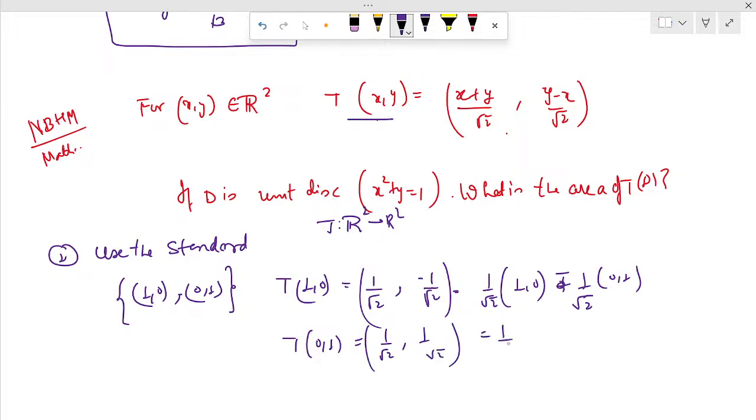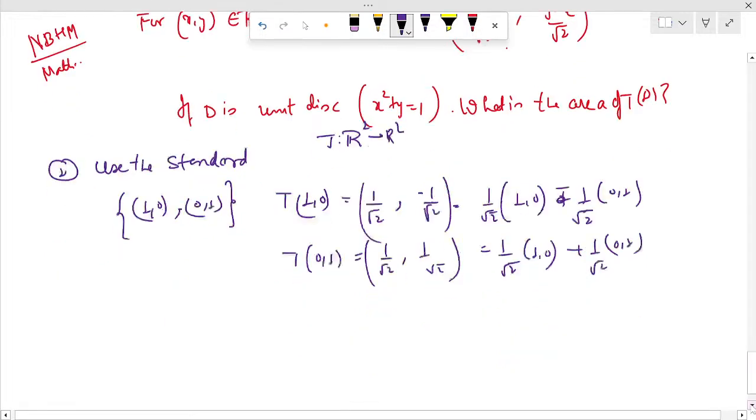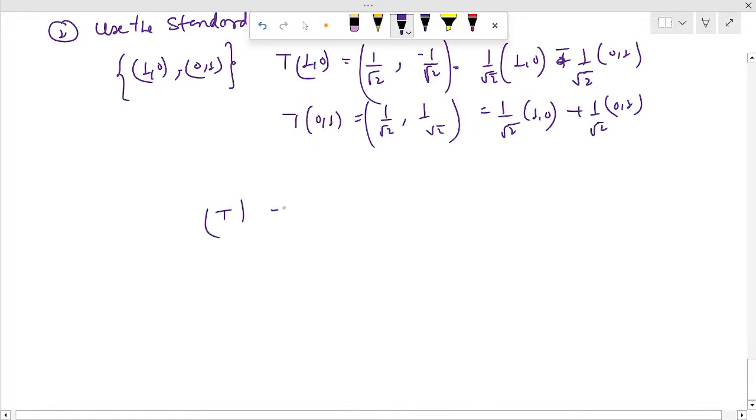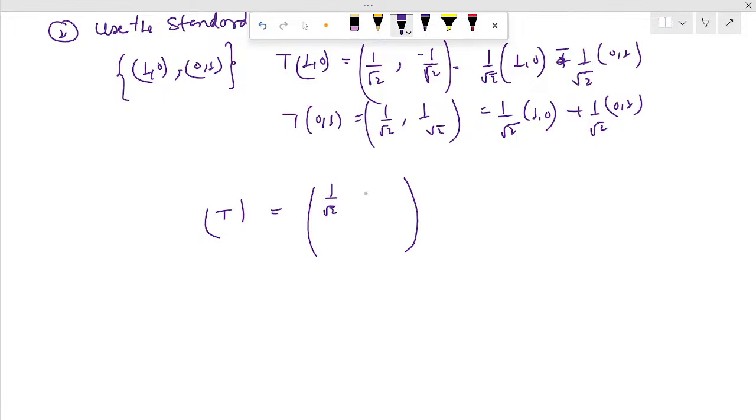And I can write it as 1/root 2 times (1, 0), and then minus 1/root 2 times (0, 1). Similarly, T of (0, 1) would be (1/root 2, 1/root 2), and I can write it as 1/root 2 times (1, 0), and then 1/root 2 times (0, 1). This is a coefficient matrix, which is 1/root 2, minus 1/root 2, 1/root 2, and 1/root 2.